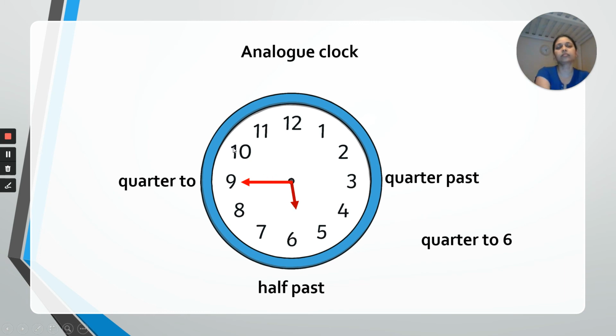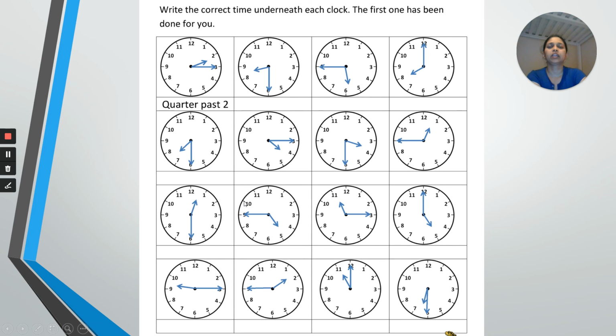Okay, now I've got a little task for you. So if you've got your paper and your pen ready, what I would like you to do is, since we have done the analog clock and we've done quarter past, half past, o'clock, and quarter to, write the answers to all of these analog clocks given over here.